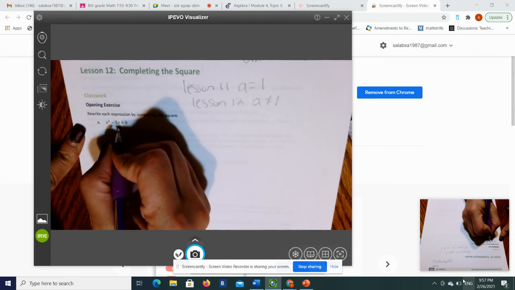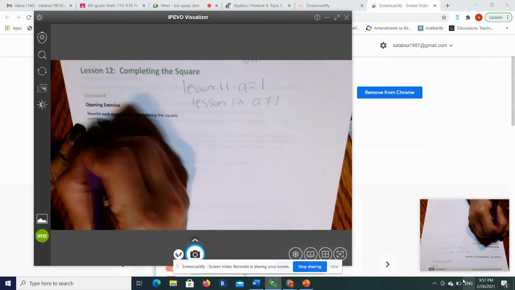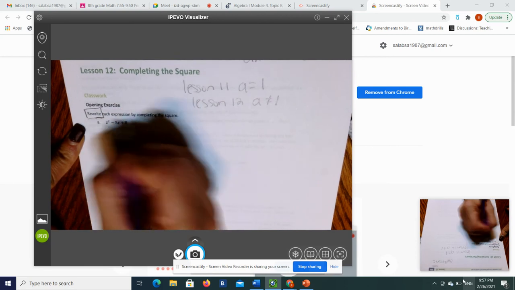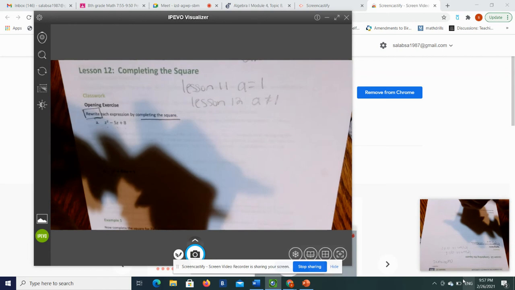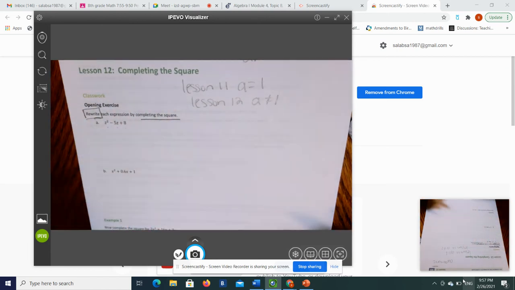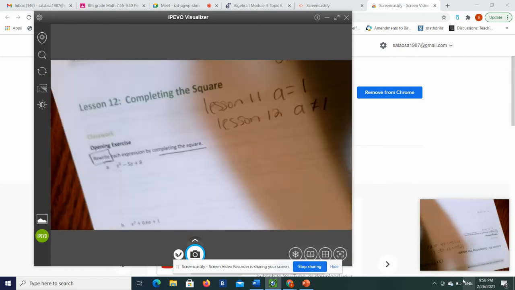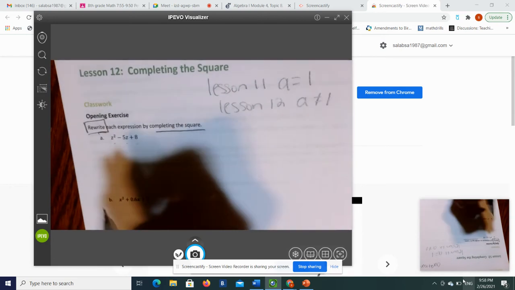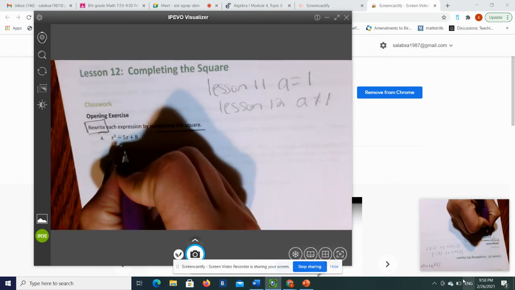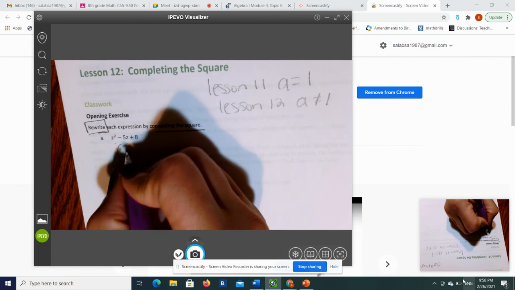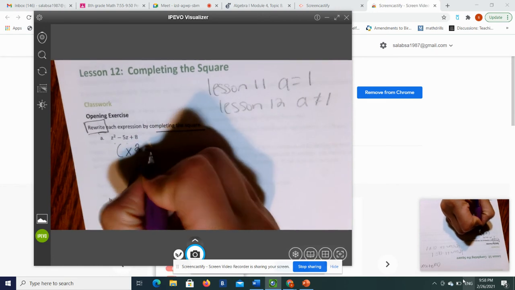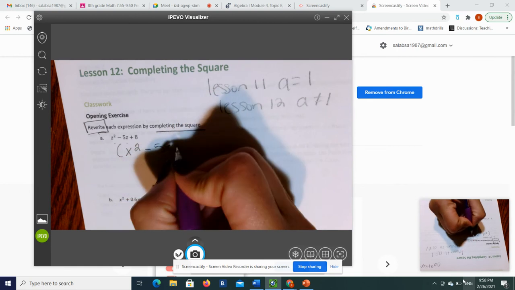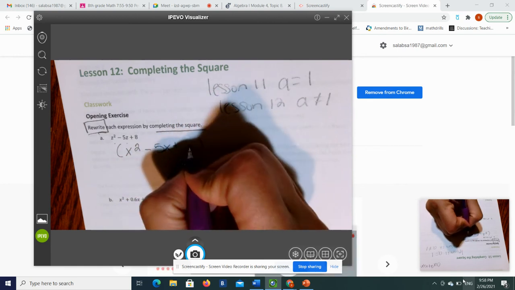We have z squared minus 5z plus 8. It says rewrite each expression by completing the square. So what does that mean? That means we're basically going to factor it out. So I'm going to make the z here an x to make it easier. So you're going to have x squared minus 5x plus, we don't know what's going to go right here.